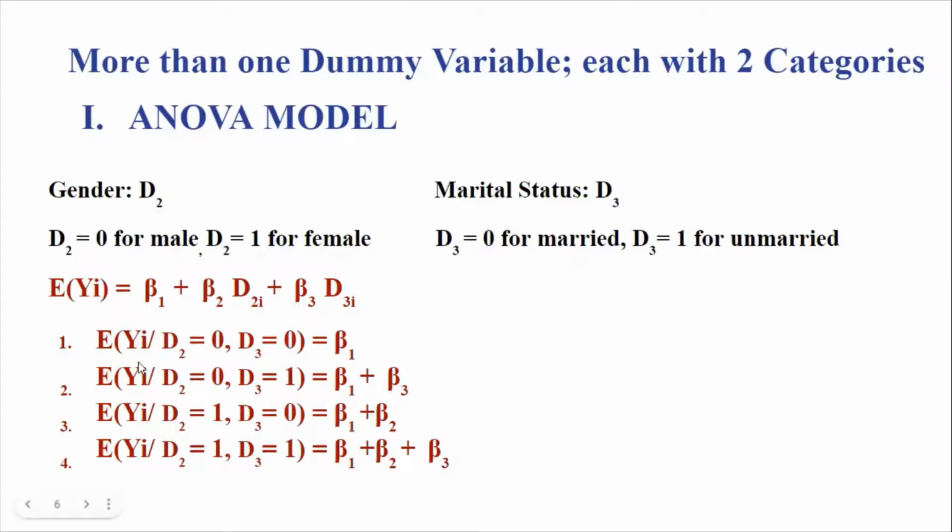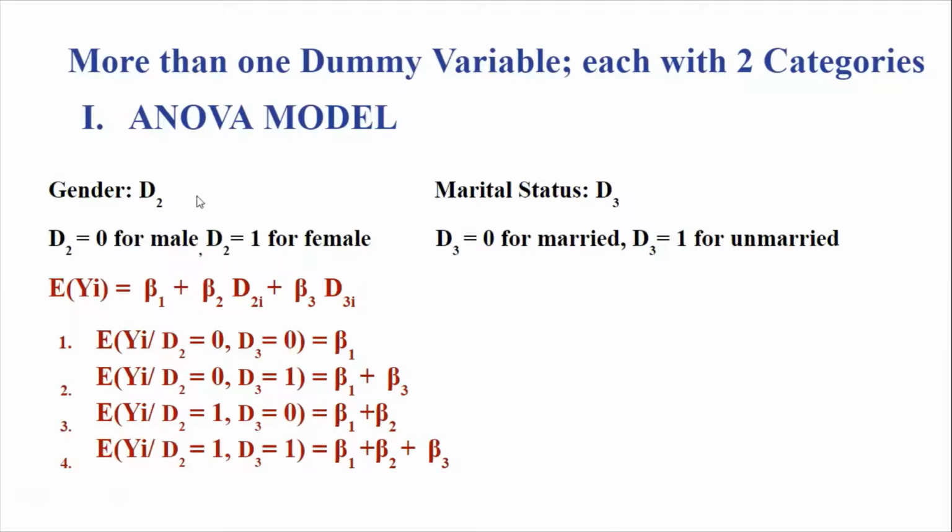Now for this particular ANOVA model, the regression equations would be as follows for different values of the dummy variables. Let's have a look at how we can write down the equation for this regression model. The first one would be expected value of yi for given d2 equal to 0 and d3 equal to 0. It means this is the value for the male category and married, because d2 and d3 both are 0.